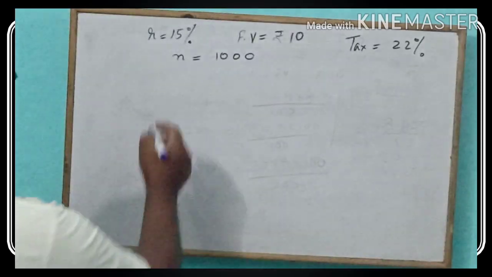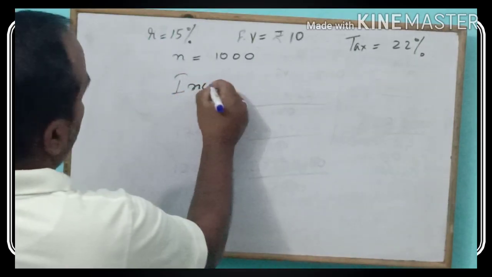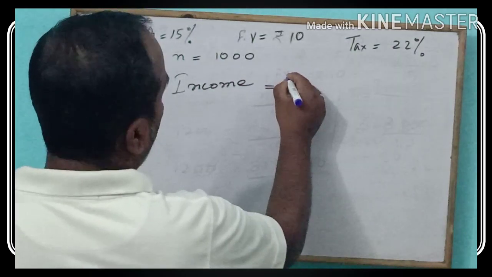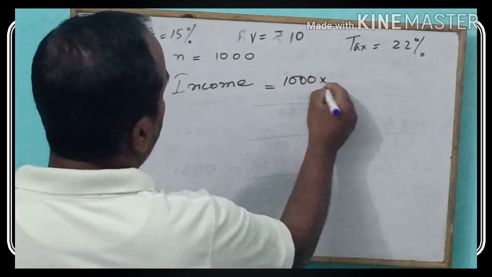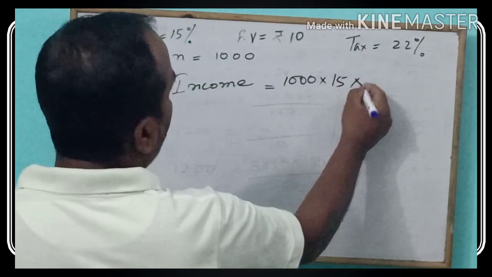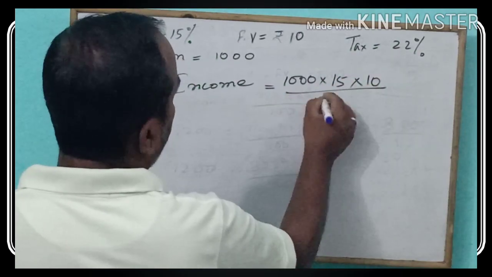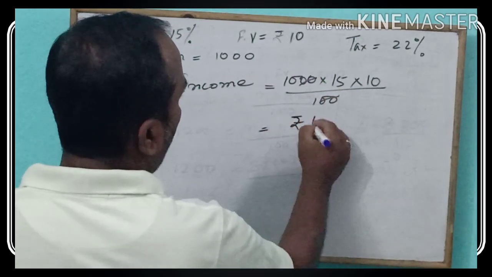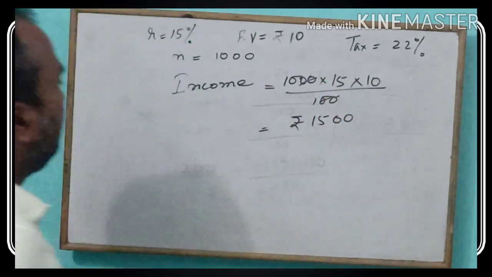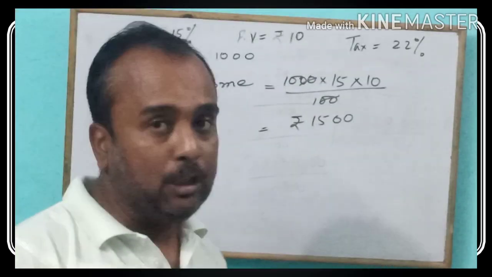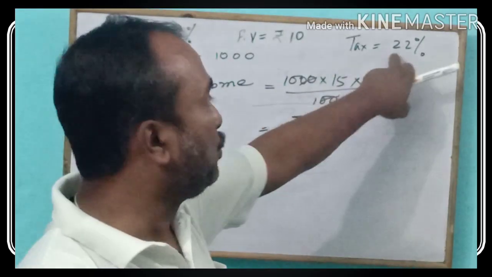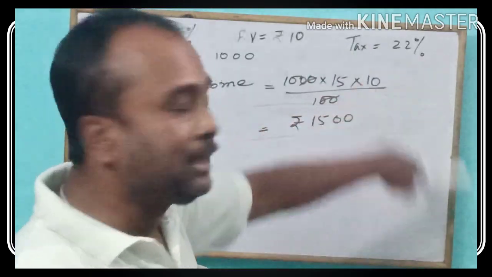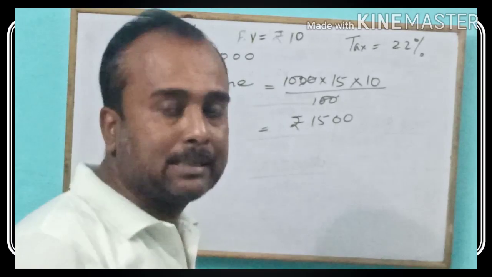So annual income: 1000 is the number of shares, rate of dividend is 15 and face value is 10, by 100, that is rupees 1500. But this income he will not get. Why? Because he has to pay 22% tax to the government. This tax is collected by the government because he is earning some profit.